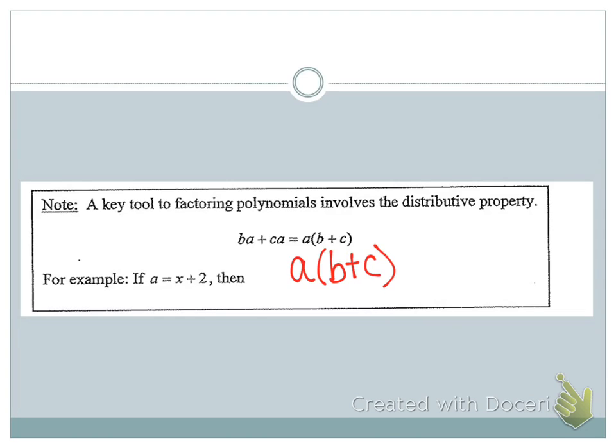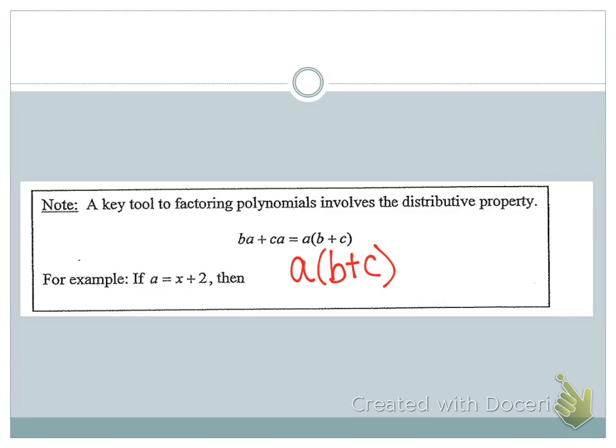Remember, factoring is writing things as a multiplication problem. So it's kind of like undistributing. Then it says, for example, if a is equal to x plus 2. So they want us to rewrite this whole line.